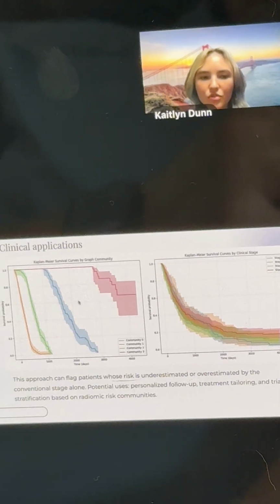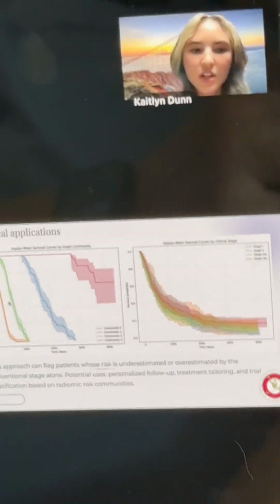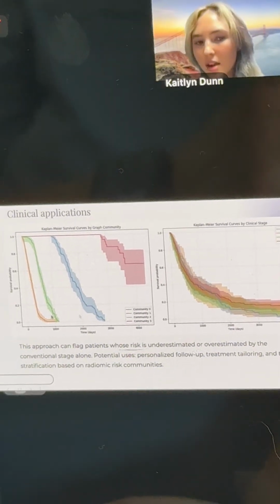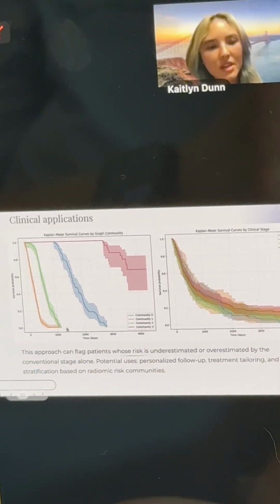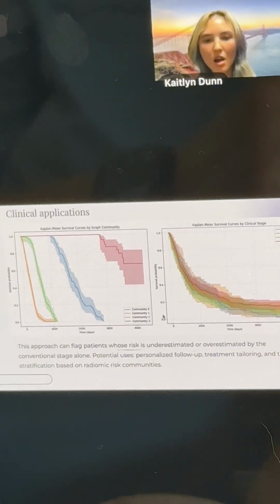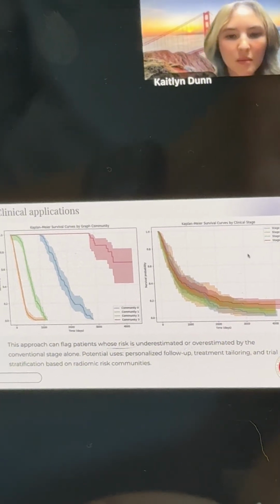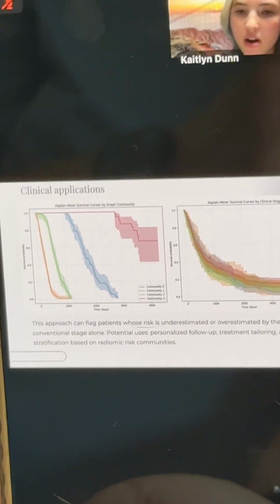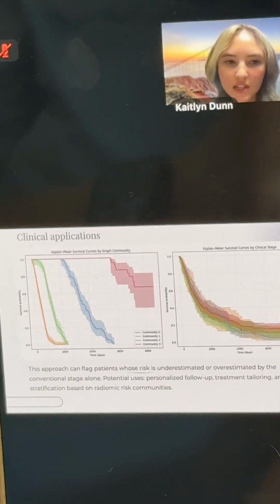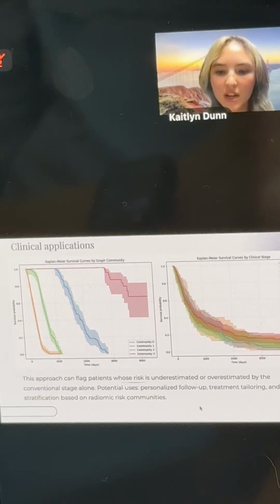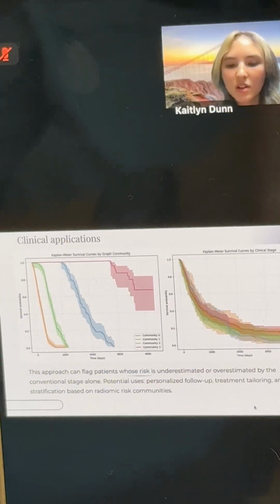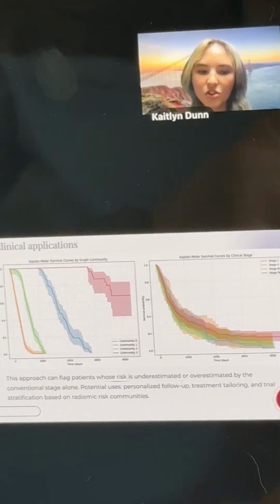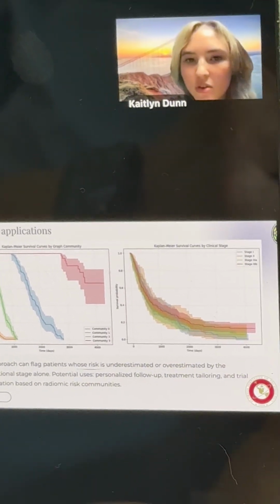And truly more research needs to be done in evaluating these specific tumors and why they are having these respective risk groups, which could help assist this further Kaplan-Meier TNM staging representation. And hopefully it can create personalized follow-up, treatment tailoring, and patient stratification based off of these risk communities.